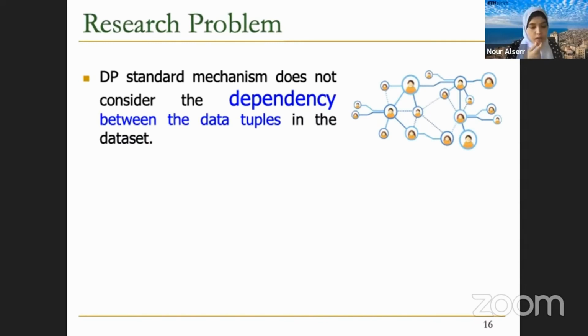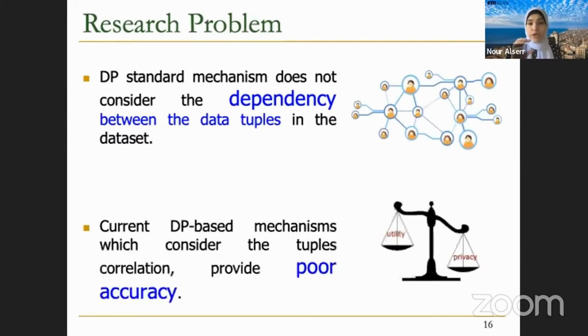All right, now we are trying to solve this problem. What are the state-of-the-art studies trying to do? Again, they want to increase the privacy levels. But when they try to do so, many of them add more noise, so that we can overcome the limitation.